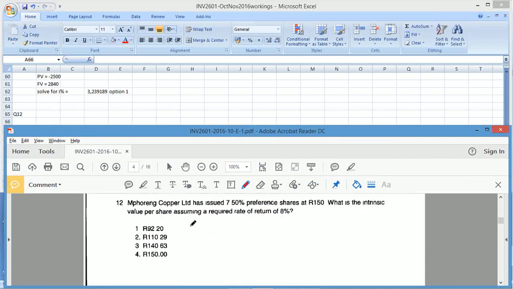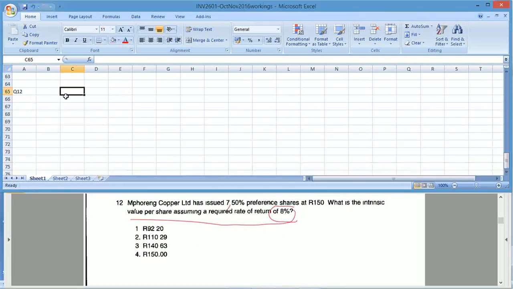Question 12. M has issued 7.5% pref shares at 150. What is the intrinsic value per share assuming required rate of 8%? Okay, so obviously this is a perpetuity, it's preference share, so PV equals the Div 1 over R, no G. So they told you this was 7.5% pref shares at 150.